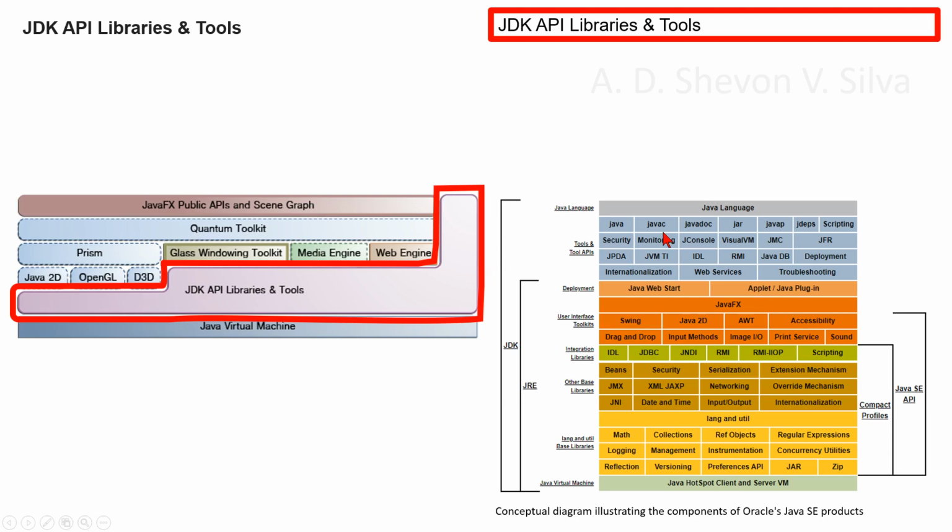The compiler is a command line tool but can also be invoked using the Java Compiler API. The compiler accepts source code defined by the Java language specification, JLS, and produces class files defined by the Java Virtual Machine specification, JVMS.